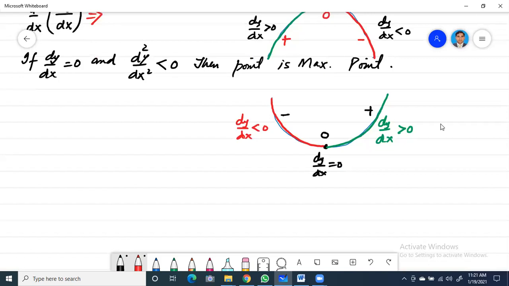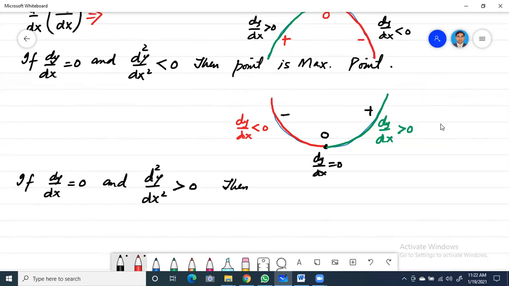Then we can write like this: if dy divided by dx, mean first derivative, is 0 at the turning point, and one more thing, d2y divided by dx square, mean rate of change of dy by dx, is positive, then the point is a minimum point.